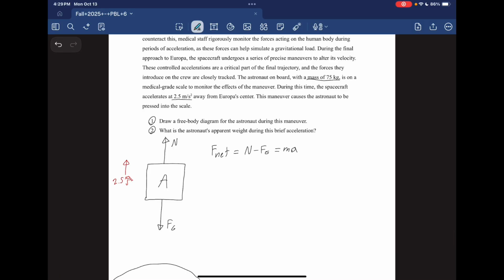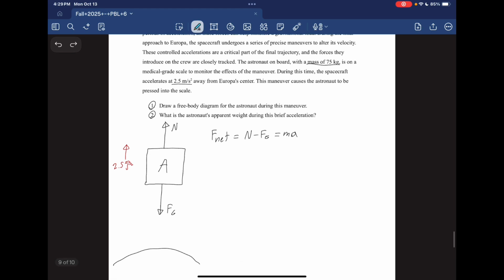The astronaut is in the spacecraft, so he is going to be accelerating at the same rate as the spacecraft. So we know that this A is equal to our 2.5 meters per second squared, whereas this M is equal to our 75 kilograms, so the mass of the astronaut. But let's solve symbolically first. We know the force of gravity, which we calculated earlier, the force that Europa exerts on the astronaut.